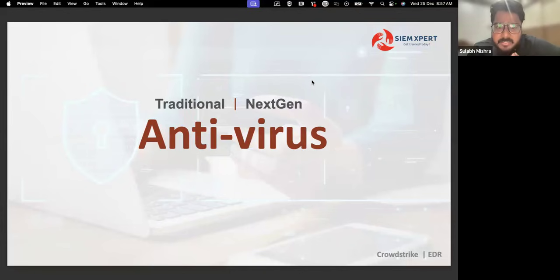In a traditional antivirus, do you remember whenever you used to go through the security playbooks, the main recommendation that we used to get back in the 2000s was to update your antivirus signatures. That was one of the key recommendations given by security professionals during that period.